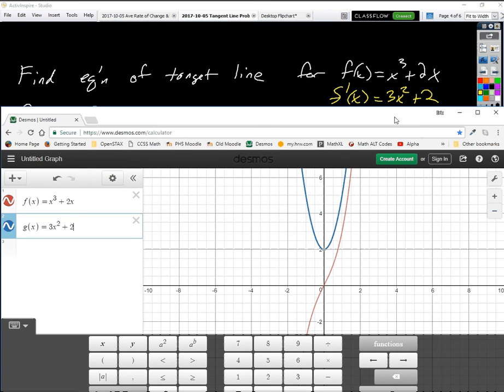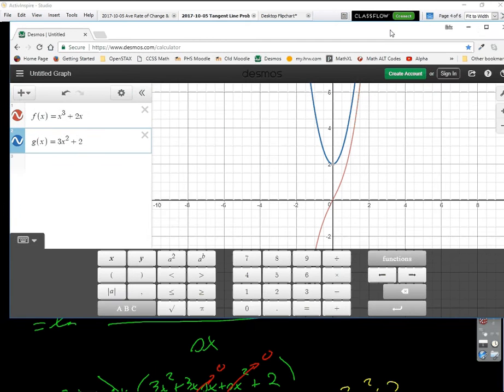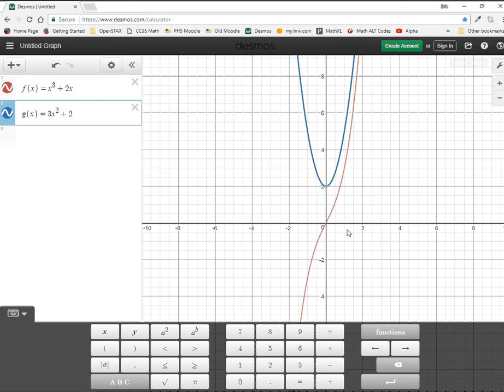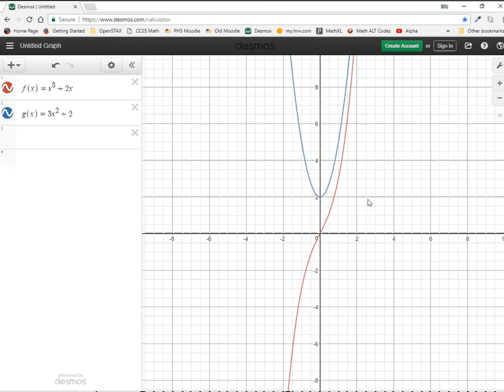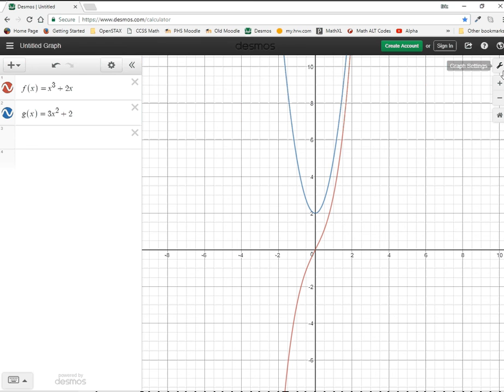Okay? So original function's red, derivative is blue, right? Let's explore this a little bit. What if I take, for example, let's evaluate the derivative at 2. Okay, so I'm going to need to maybe, how about if we, here, I'll show you something else you can do with this then.